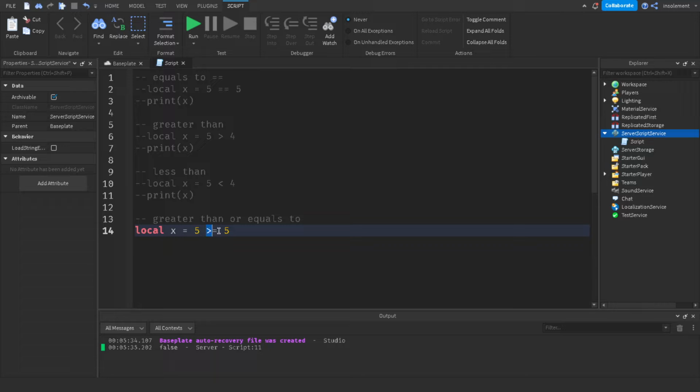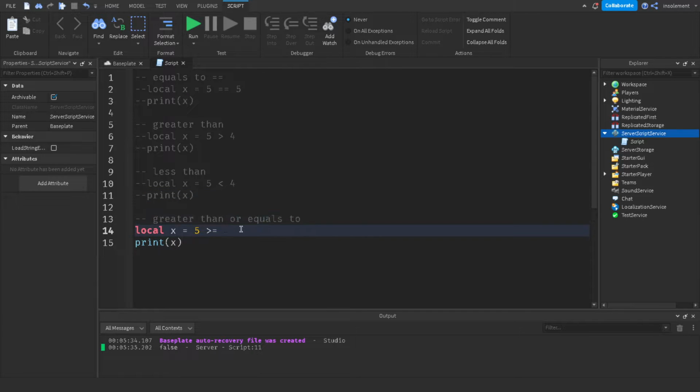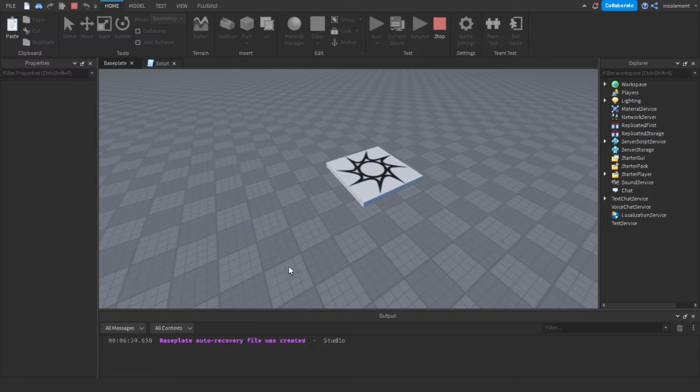Even though 5 is not greater than 5, which we did up here, this would be true because 5 is equal to 5. Even though it's not greater, it is equal. So it would return to us true. If we were to change this to 6, this would be false because 5 is not greater than 6, nor is it equal to 6, right? If we were to change this to a 4, 5 is greater than 4, so this would return true, right?